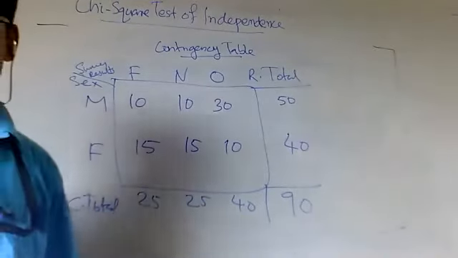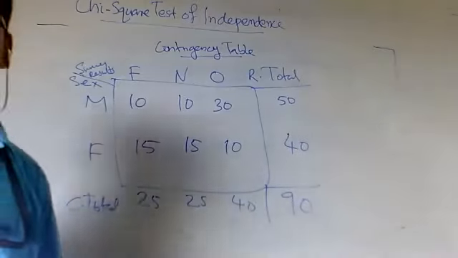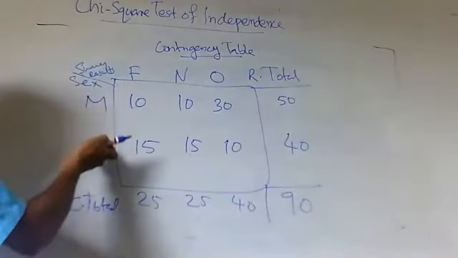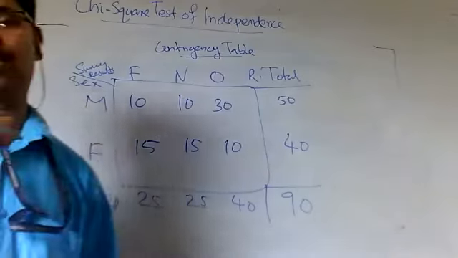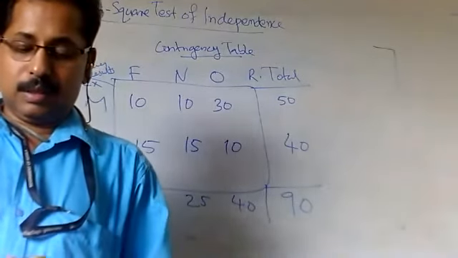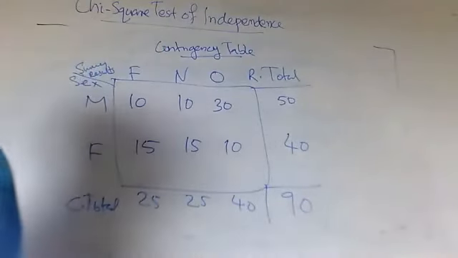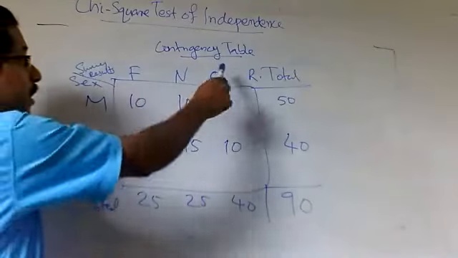Here your problem is whether the opinion of these male students and female students is equal or not, or, seen another way, whether there is any association between the sex of students and opinion.